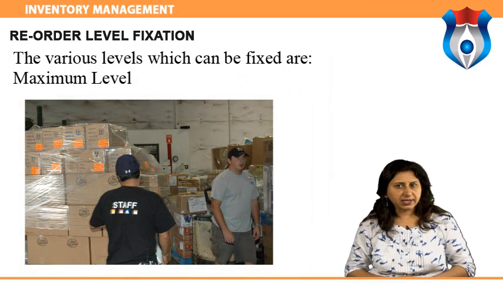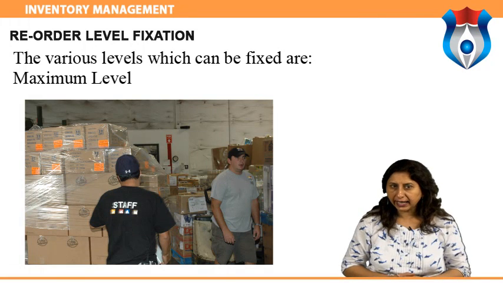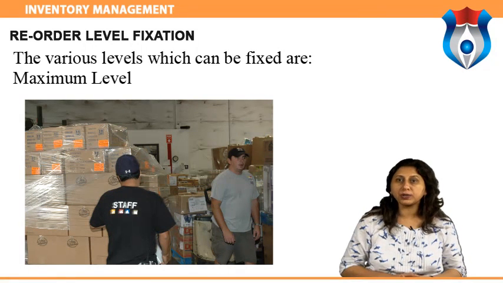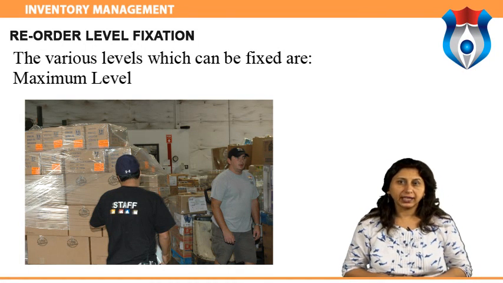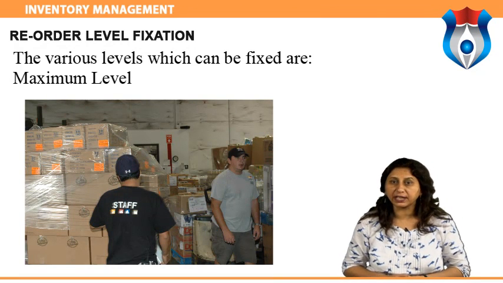The various levels which can be fixed are: maximum level. It indicates the level above which the actual stock should not exceed. If it exceeds, it may involve unnecessary blocking of funds in inventory.